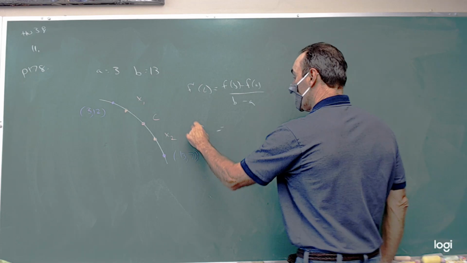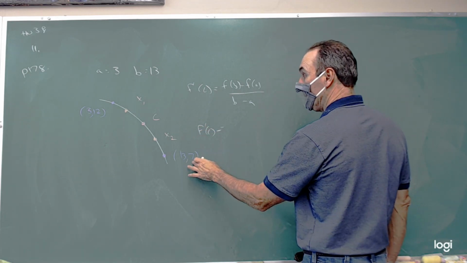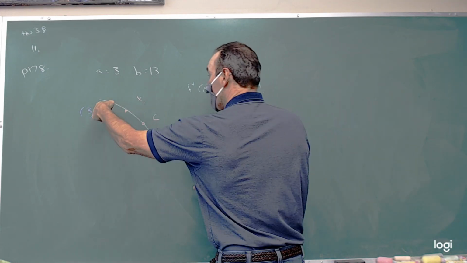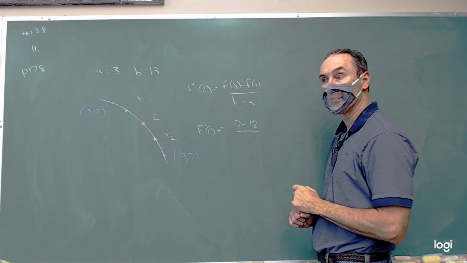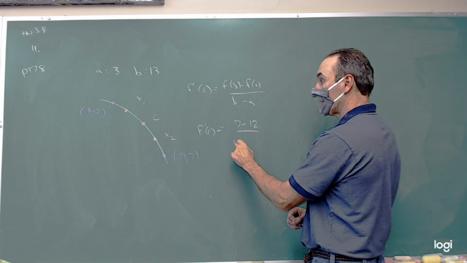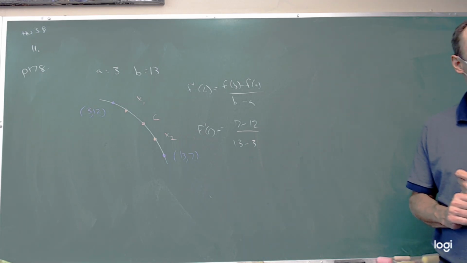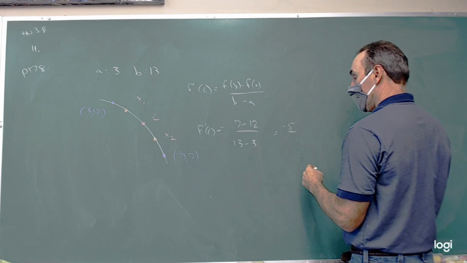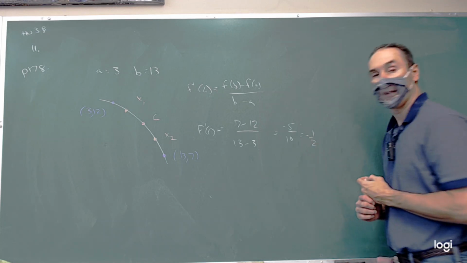So f prime of C is going to be f of b minus f of a, those are the y values, 7 minus 12, and then we subtract the x values, 13 minus 3. So 7 minus 12 is negative 5. 13 minus 3 is 10. So that looks like negative a half.